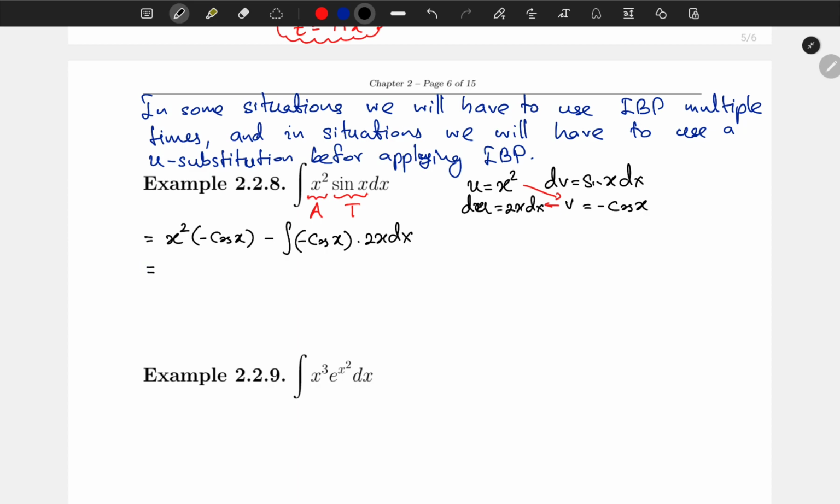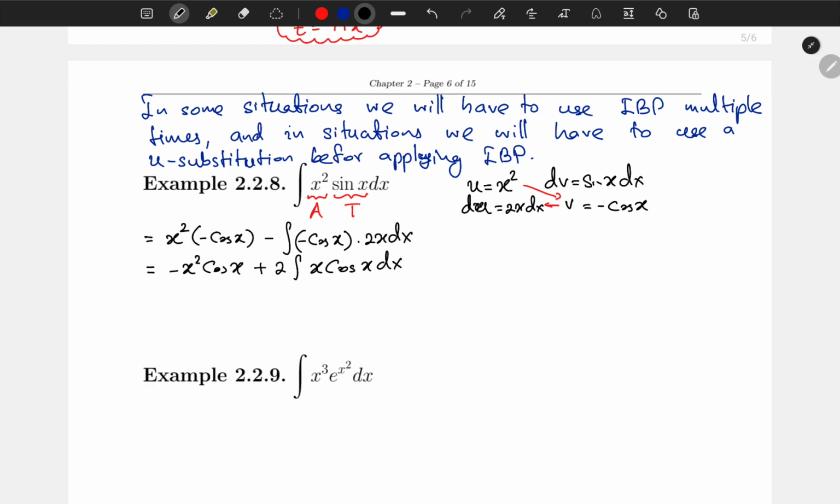I can rewrite this as negative x squared cosine x plus 2 times the integral of, I can take negative 2 as a constant, so it becomes plus 2 here, x cosine x dx.